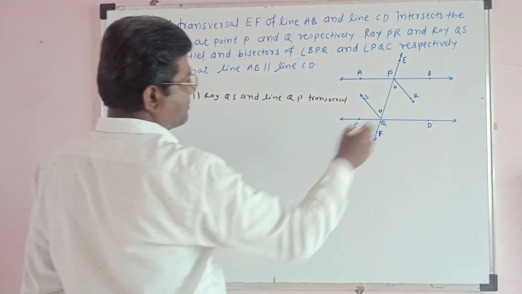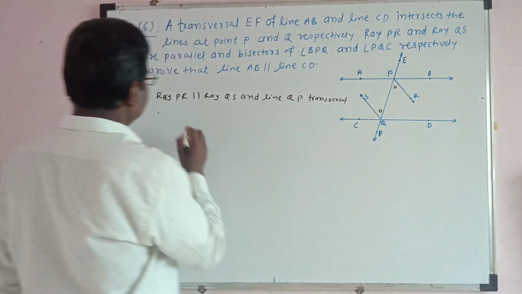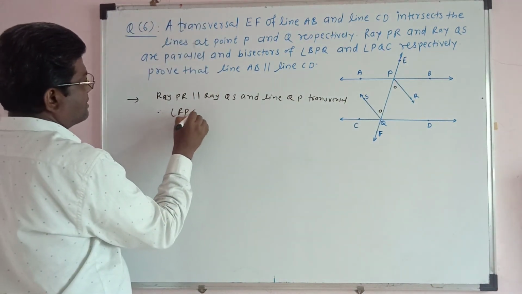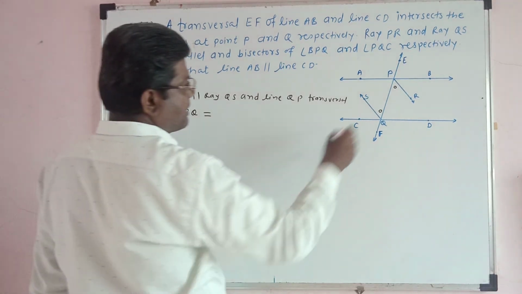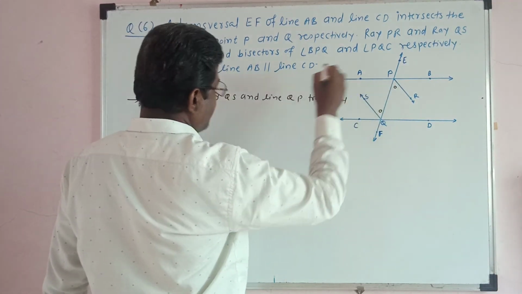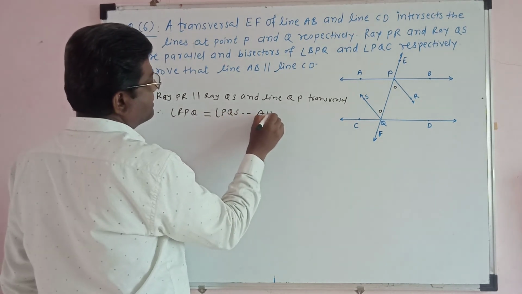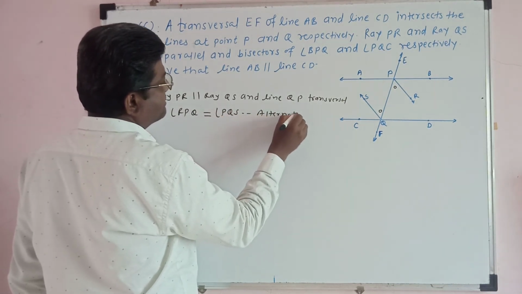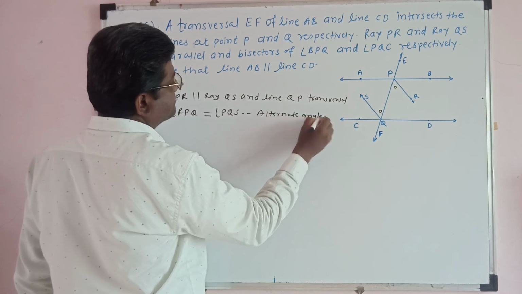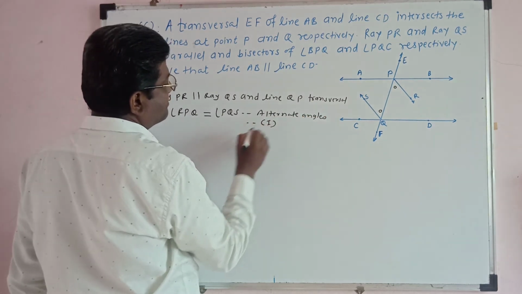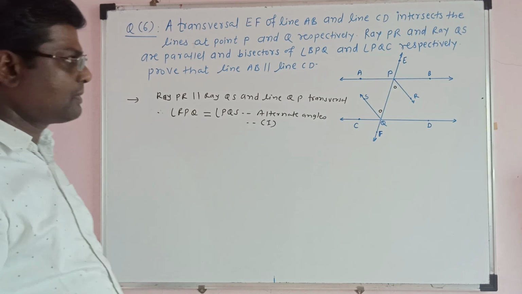Therefore, angle RPQ is equal to angle PQS. Alternate angles. Let this is equation number 1.